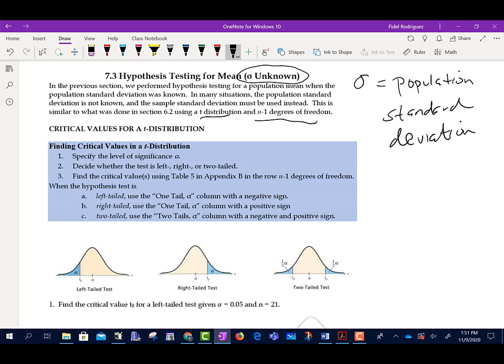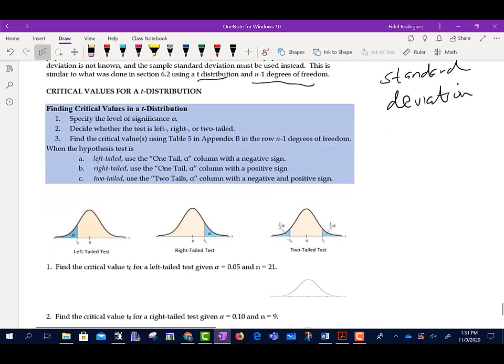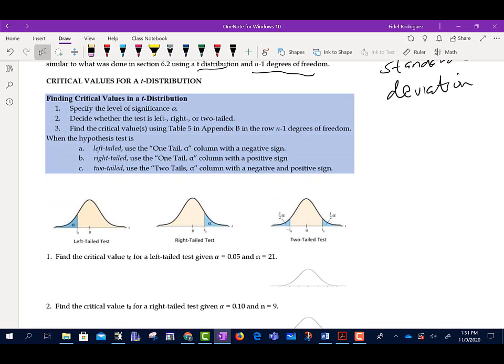of freedom. So what we're going to do here is calculate values for a t-distribution. The first thing is we're going to specify the level of significance alpha. We're going to determine whether the test is left, right, or two-tailed.